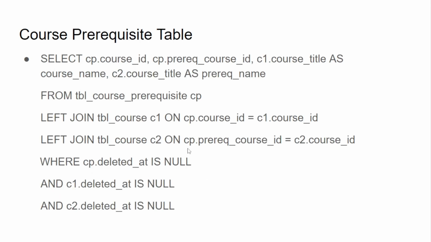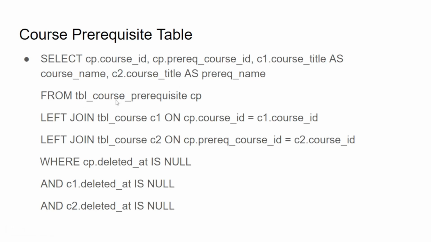And then we have the course prerequisite. So this one, we created some aliases. We get first its course ID, its prerequisite course ID, and then we have created aliases. So C1 course title as course name, and then C2 course title as prerequisite name. So these are our aliases.